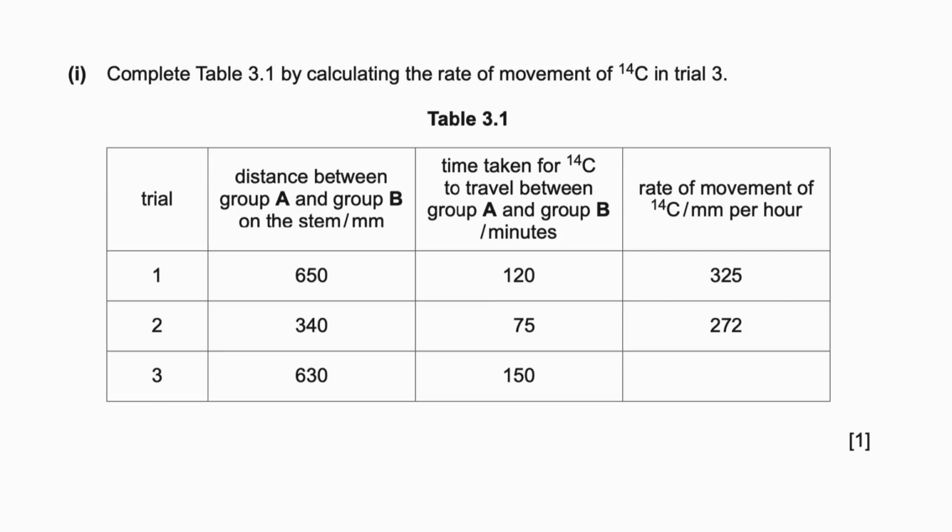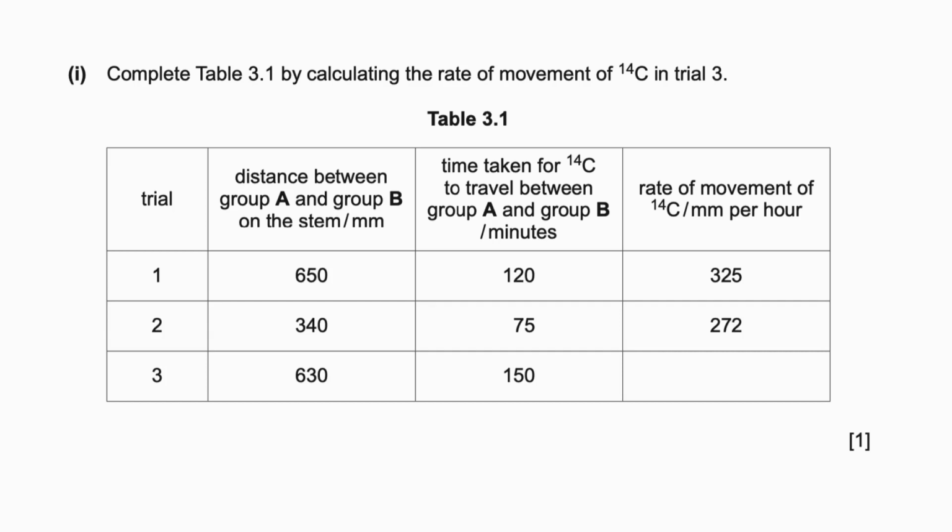1. Complete Table 3.1 by calculating the rate of movement of carbon-14 in Trial 3. Trial 1: rate of movement is 325. Trial 2: rate of movement is 272. Trial 3: rate of movement will be calculated like this. Notice the answer is required in mm per hour, therefore convert the time from minutes to hours.